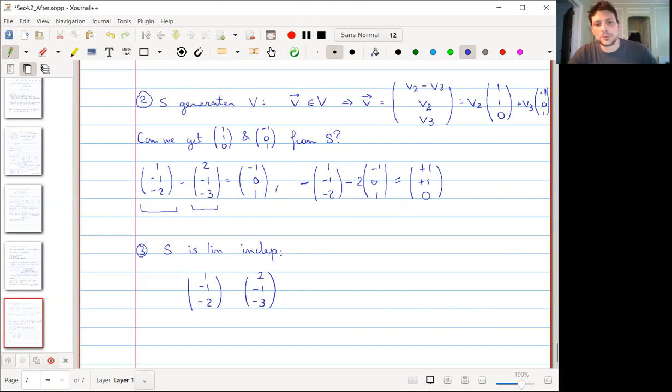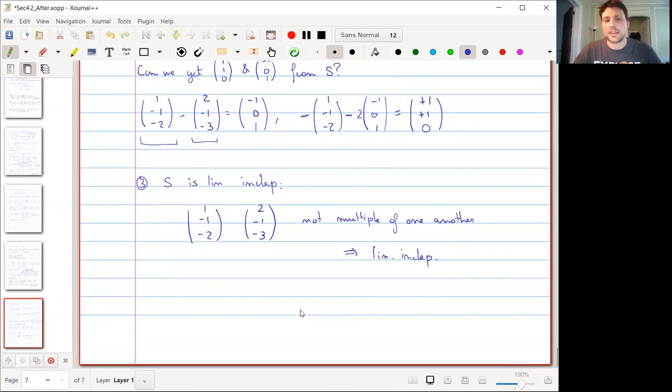These two are not multiples of one another, and therefore they are linearly independent. This is a more subtle question when there's more than two vectors involved, but in this case, it's straightforward to see that you can't get one by multiplying the other by a scalar.